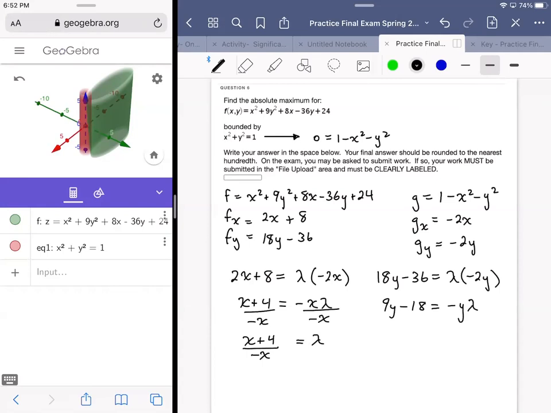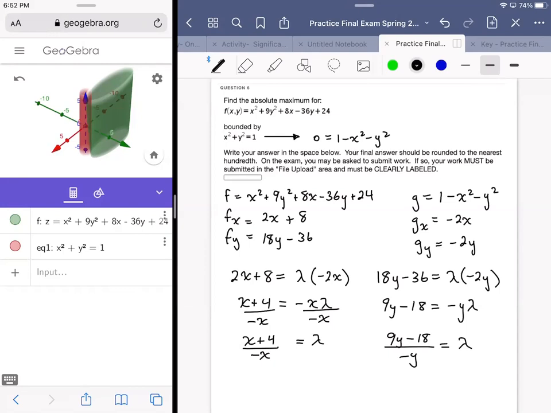Because you would do the same thing on the other side, divide everything by negative y, you'd have 9y minus 18 over negative y, that's equal to lambda. We would have these two expressions that could be set equal to each other.